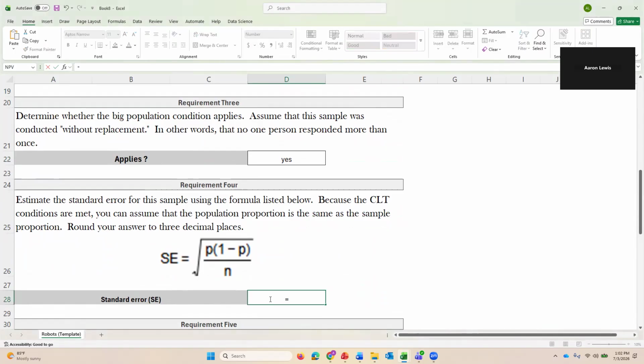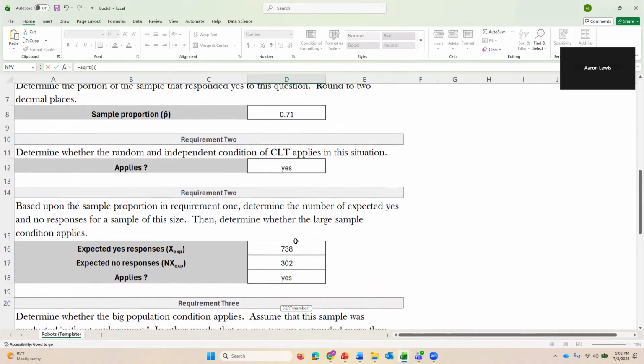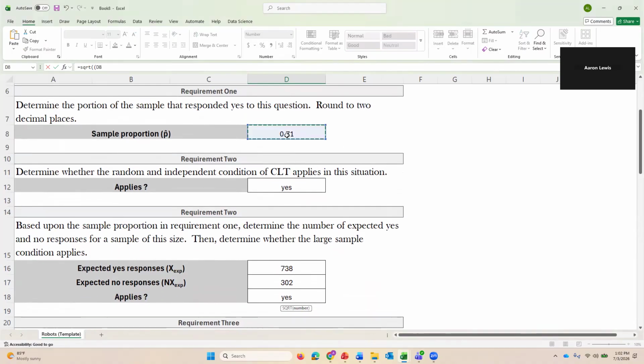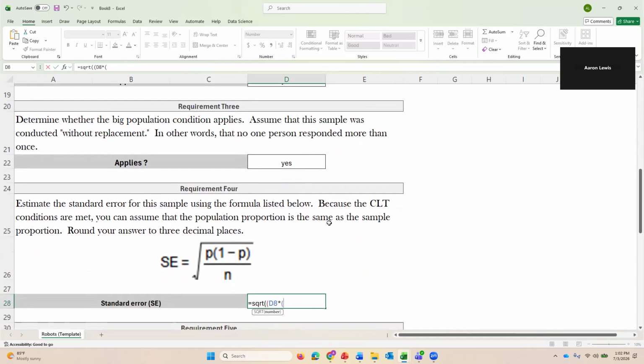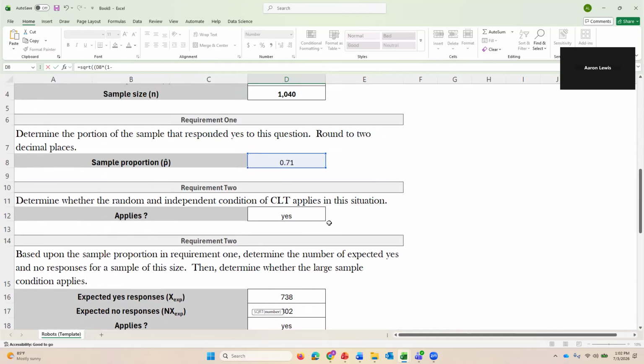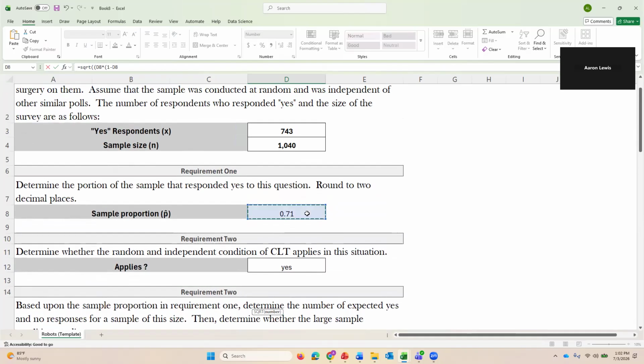So this is equal to the square root, open a pair of parentheses, of P, the population proportion. And since we passed CLT, we're going to assume that's the same as our sample proportion of 0.71 times, in parentheses, 1 minus 0.71.